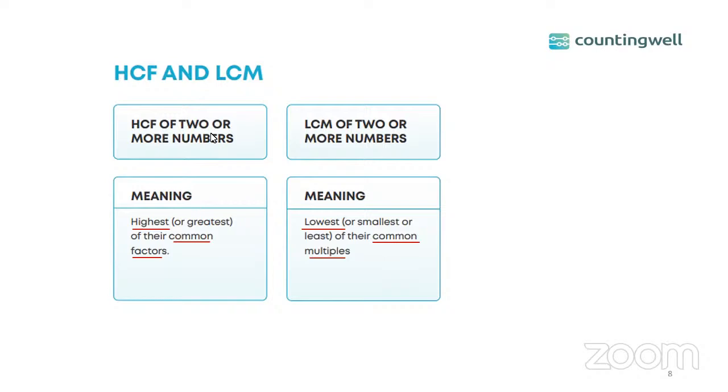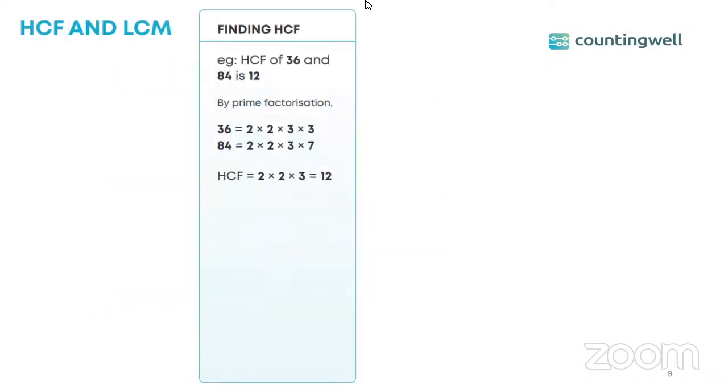Once you understand what is HCF and LCM, we can find the HCF and LCM of two numbers by prime factorization. Now, we can prime factorize the numbers 36 and 84 either by factor tree method or by division method.